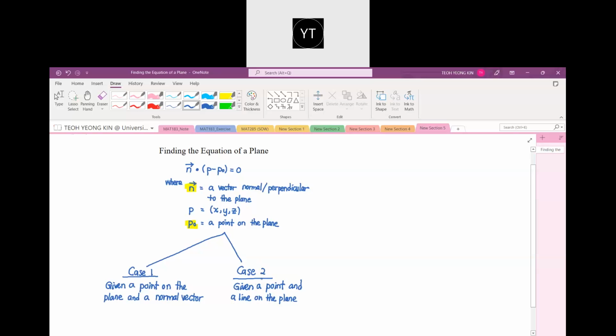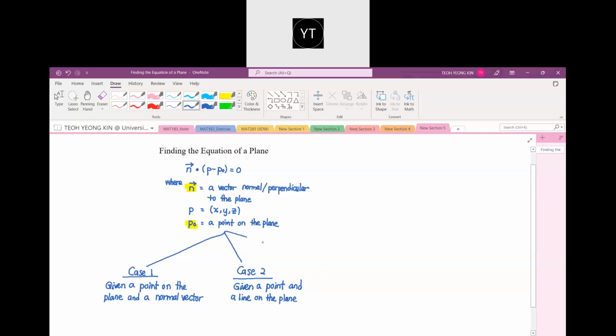So in case number 2, we have to find the normal vector. How are we going to find it? We are using the cross product. If you still remember, the cross product of two vectors gives a vector that is perpendicular or orthogonal to the other two lines.